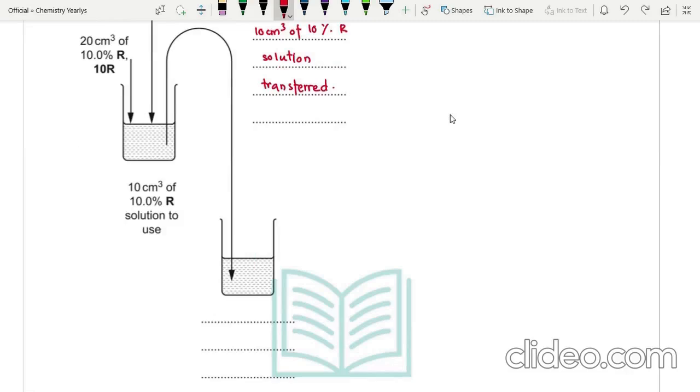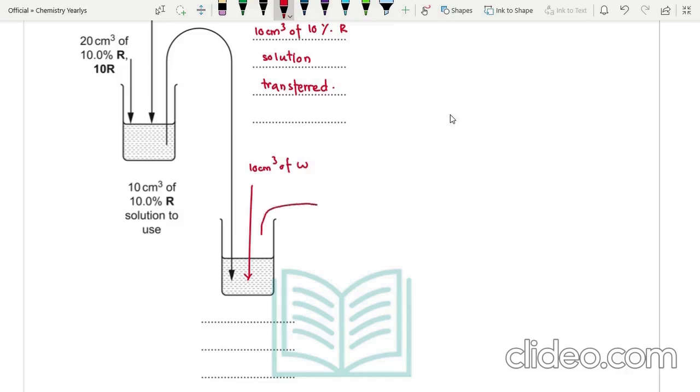Let me redraw this arrow. So this will be the arrow, and we are going to be adding 10 cm cube of W.